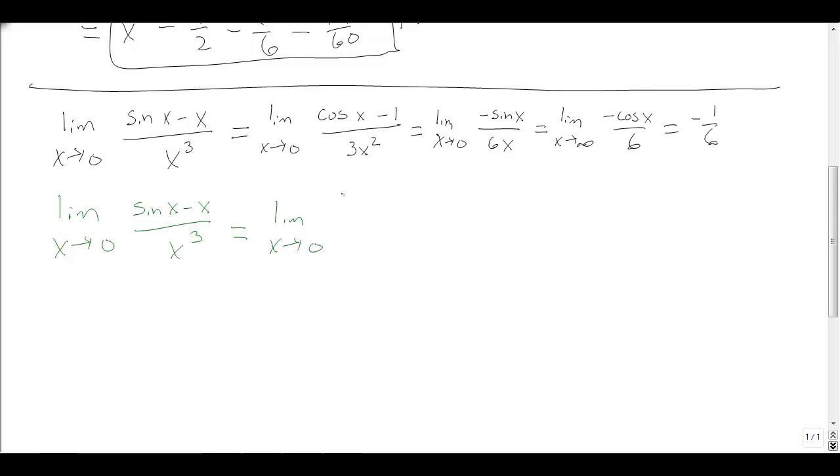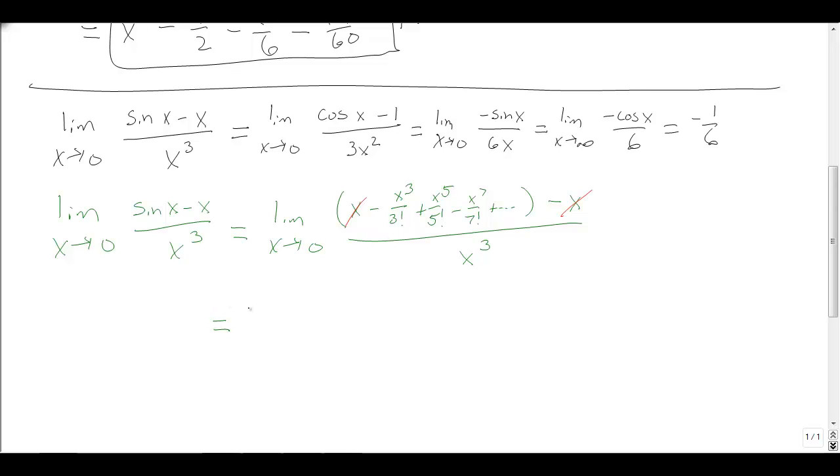Now, sine x is x minus x cubed over 3 factorial plus x to the 5th over 5 factorial minus x to the 7th over 7 factorial plus some stuff. And I subtract x and then divide by x cubed. Well, if you look at this, what I have is an x in that Taylor series minus the x. Those are going to cancel out. So that x and that minus x cancel out.